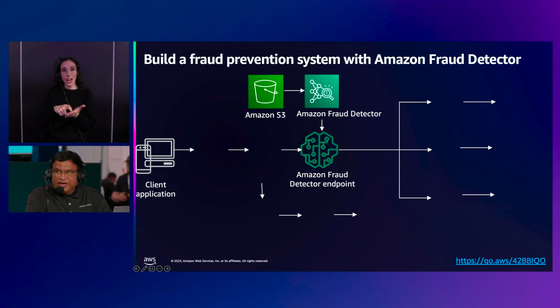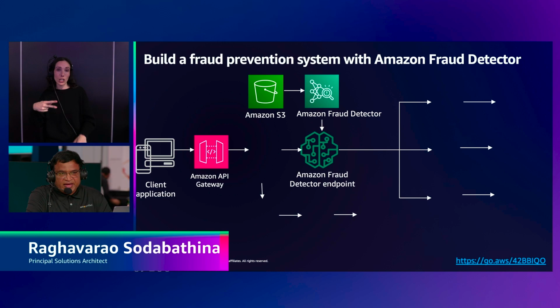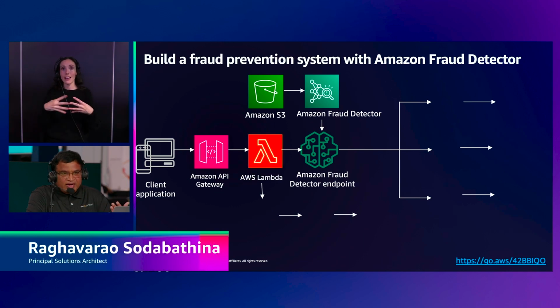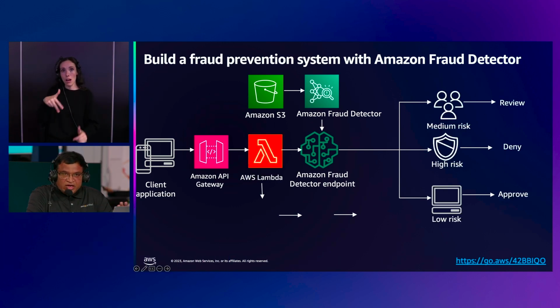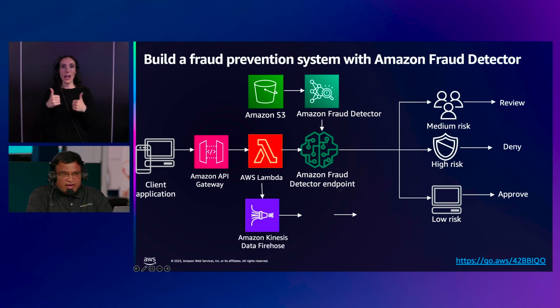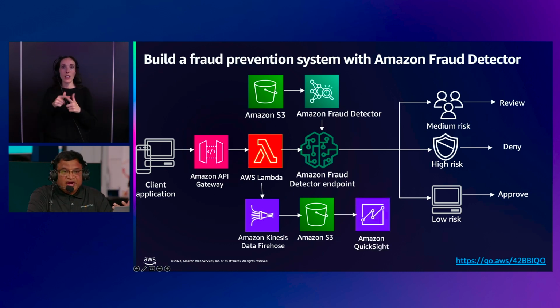And then the client application, it could be your web application, sends the request through Amazon API Gateway, and then Lambda can get the results, and there could be three outcomes. One is a low risk, you just approve it. And for high risk, you deny the registration. And if it is a medium risk, you create some friction. And then simultaneously, you collect the data, whatever transactions are coming, so that you can use that data for retraining your model.